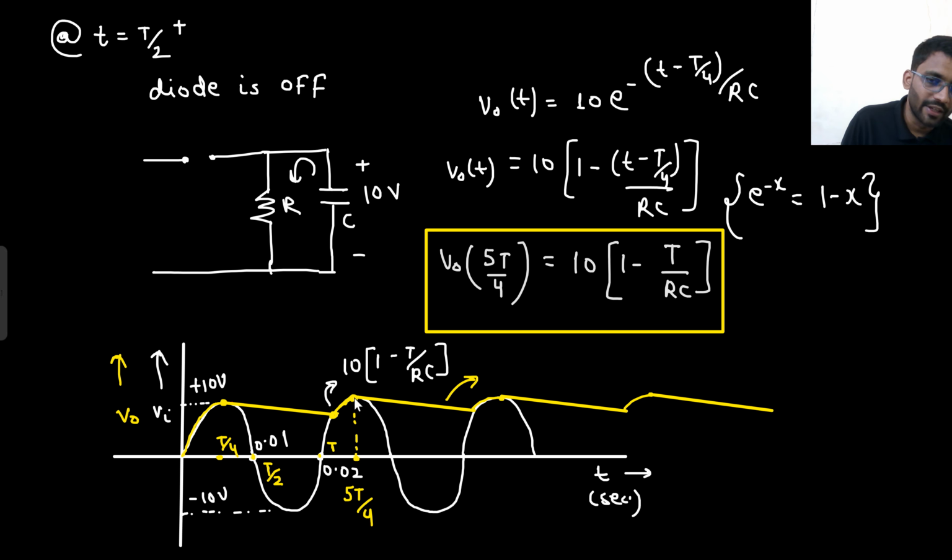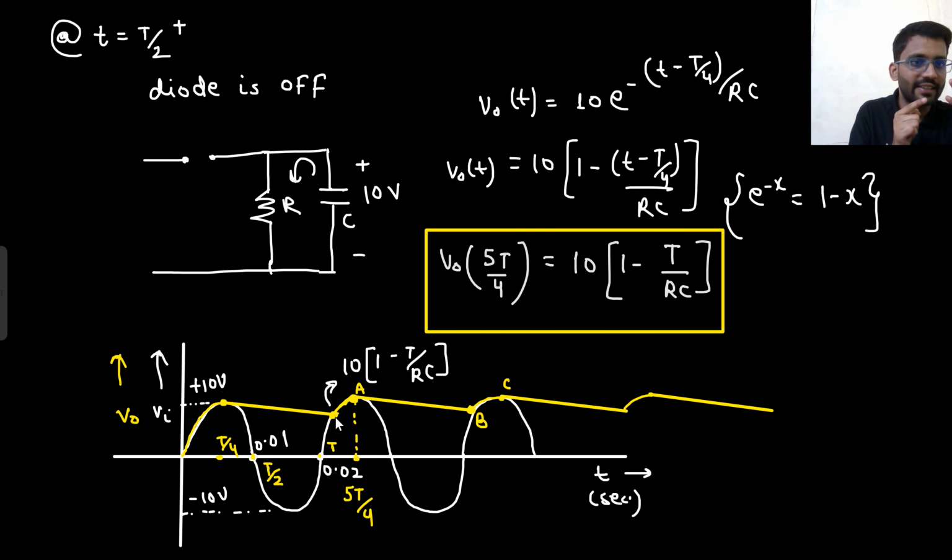Let's call this point as point A, this point as point B, and this point as point C. So in the AB region, what is the condition of the diode? In the AB region, the diode is off. In this region the diode is off, because first the input is followed, then 10 volt is there, the diode is off, the capacitor discharges very little, and till this point it reaches.